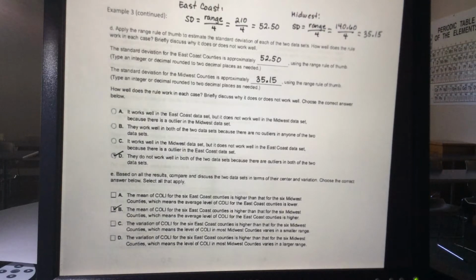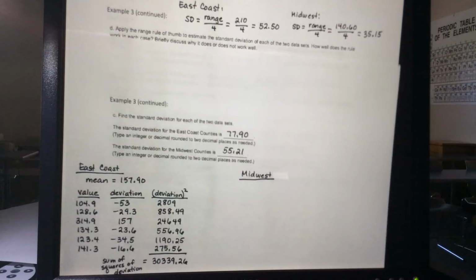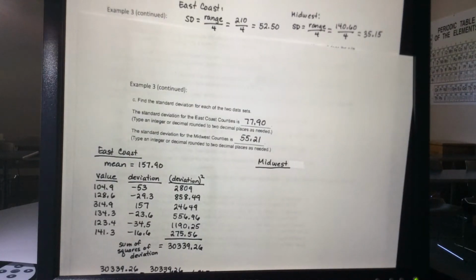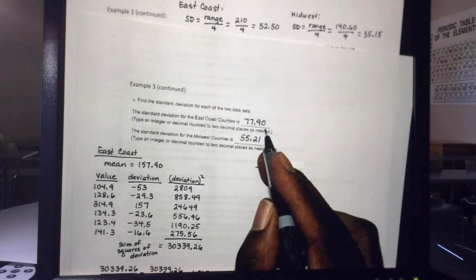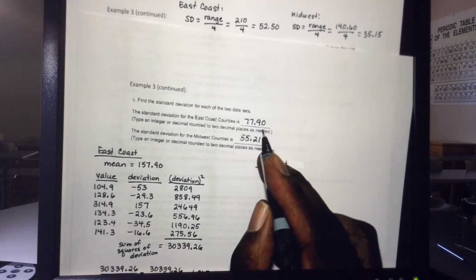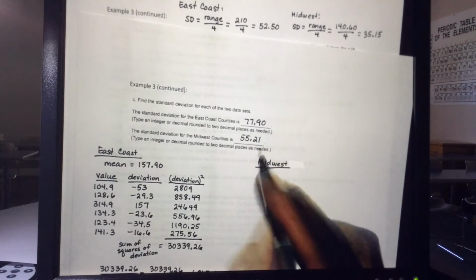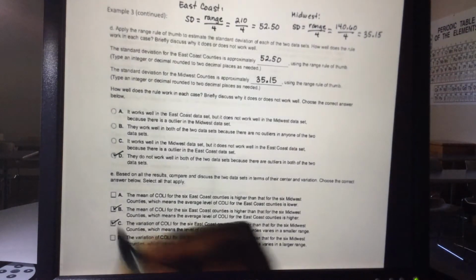And for the variation, if you look at the standard deviation from this, you can see for East Coast counties, that standard deviation is higher than the standard deviation for the Midwest counties. So we can select this answer as well.